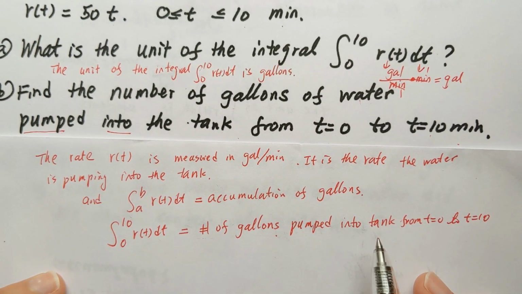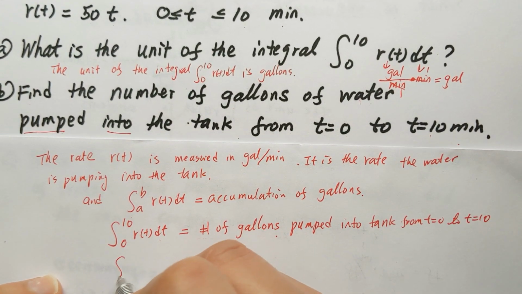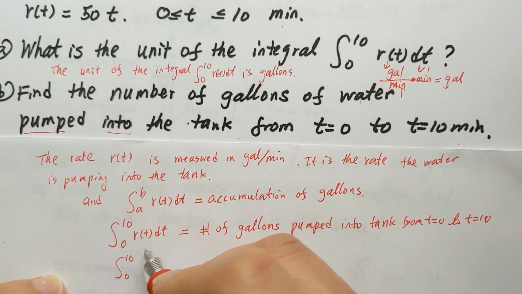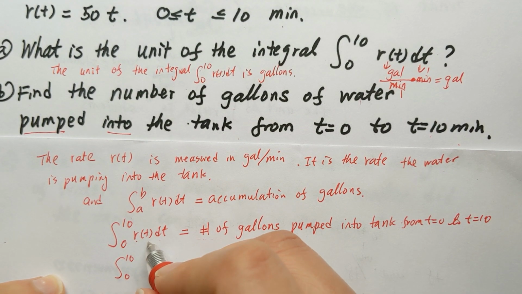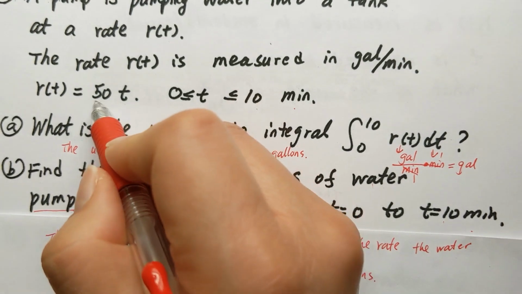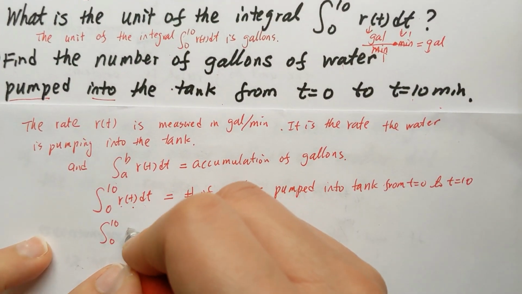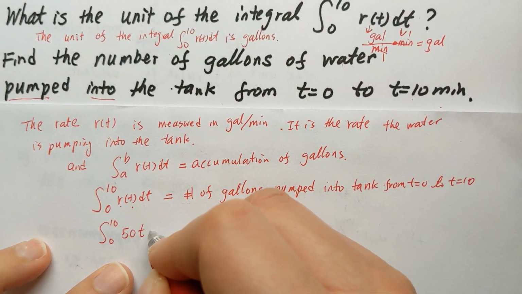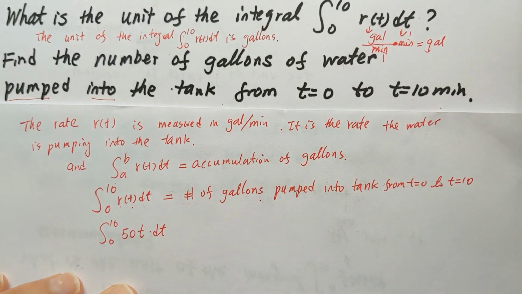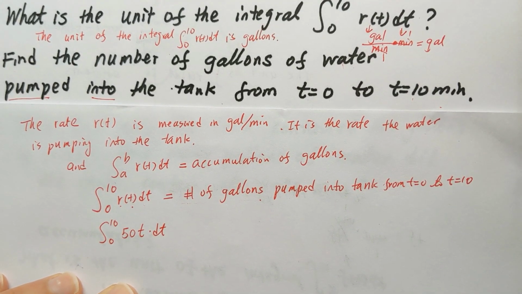So once we get the idea, the next step is we just have to evaluate this integral. R(t) was given in the beginning as 50t. So now we put 50t dt. Now I'm going to integrate this by hand.